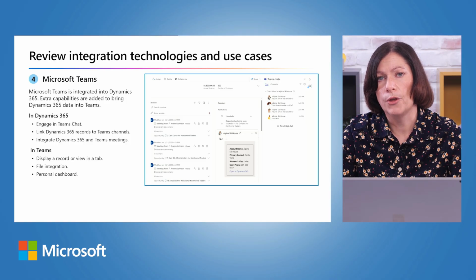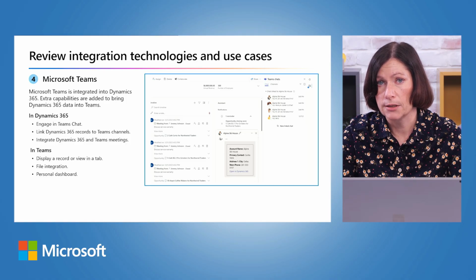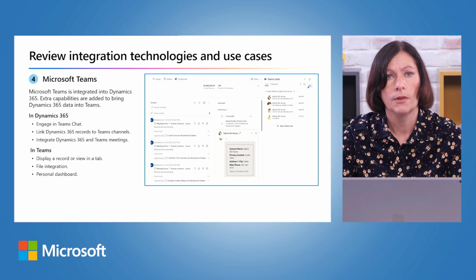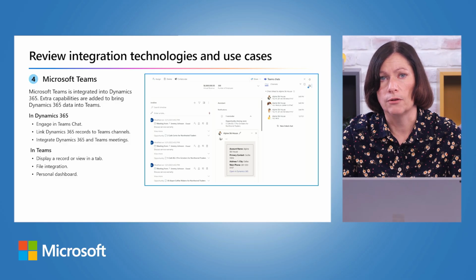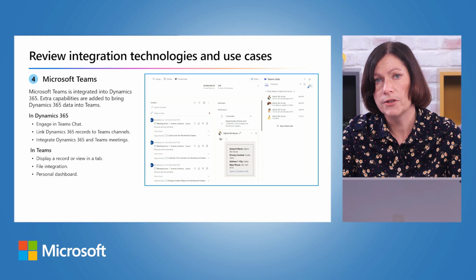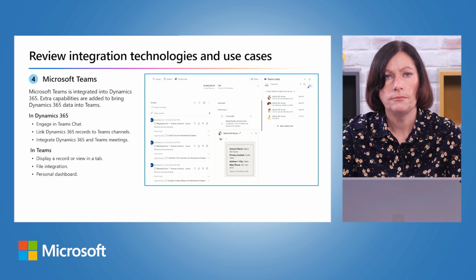You can co-author documents using Microsoft 365 and automatically sync with Dynamics 365 records that are linked to a Teams channel. Files uploaded to a Teams channel are associated with the Dynamics 365 record. Similarly, the files uploaded to the linked Dynamics 365 record are visible in the Teams channel.